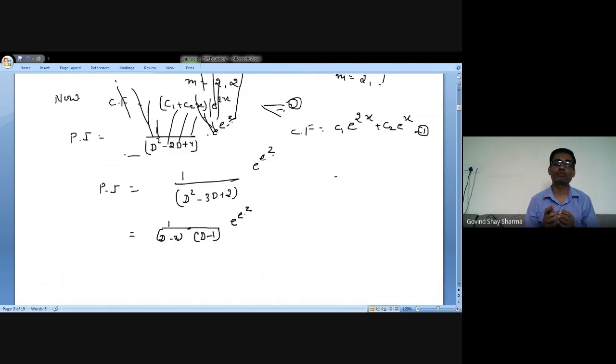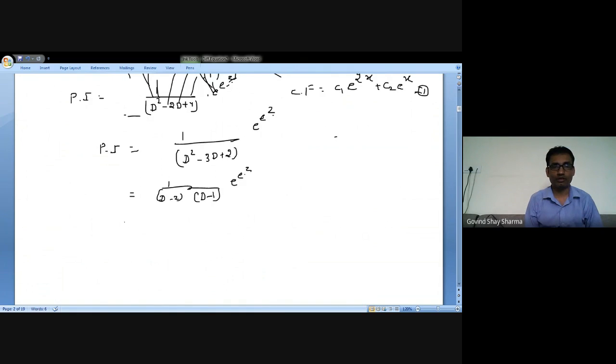This is the form of the general method, and the function is in linear form, so we apply the general method here. To apply the general method we have to do partial fractions, so we can write A upon (D minus 2) plus B upon (D minus 1). This type of question we have already taken.